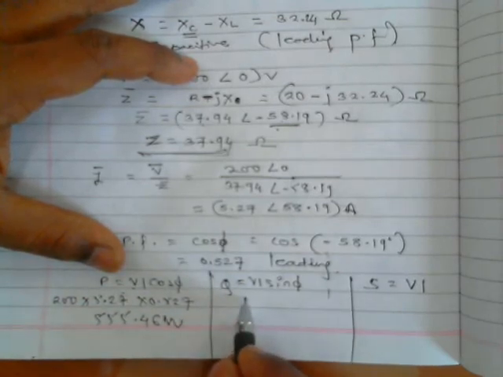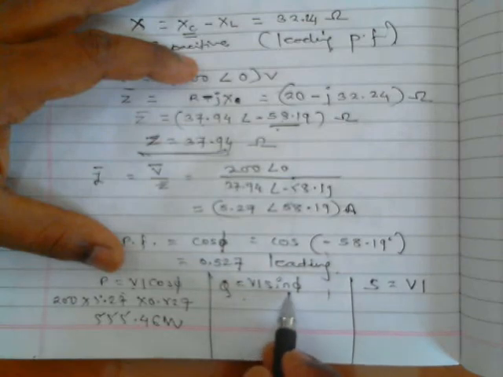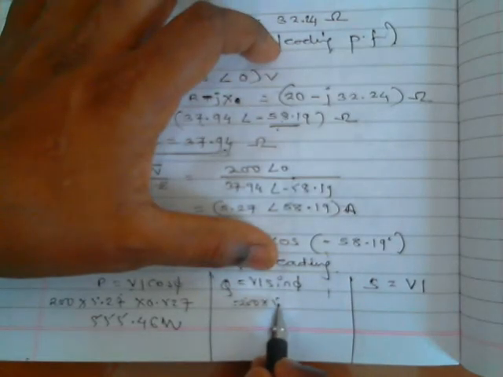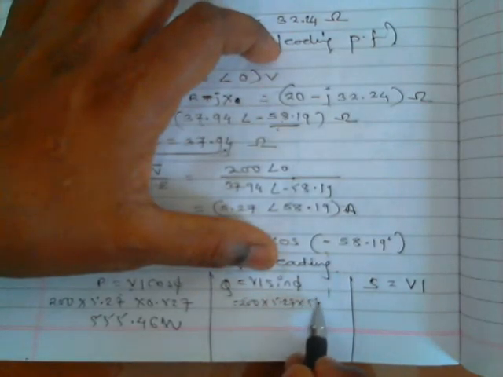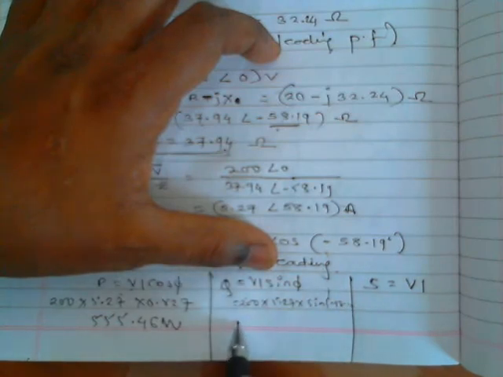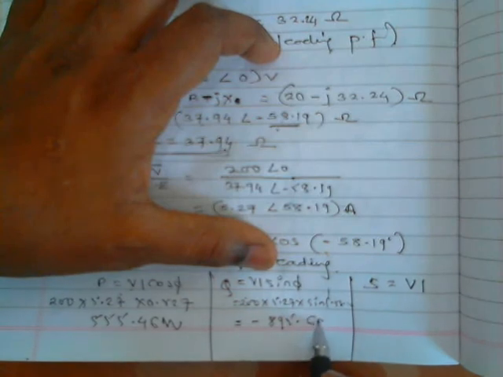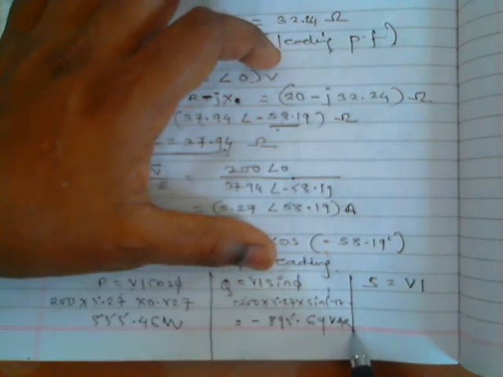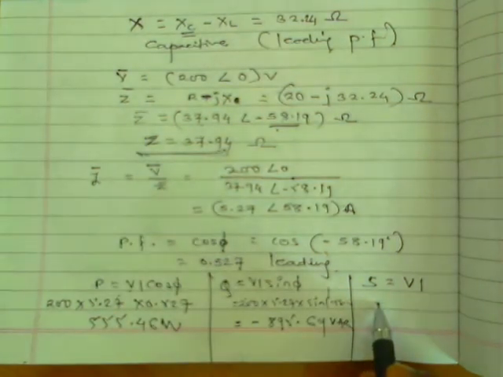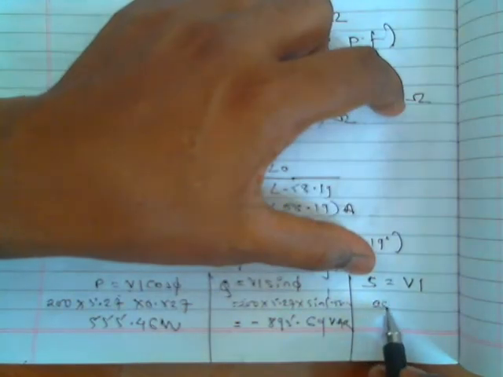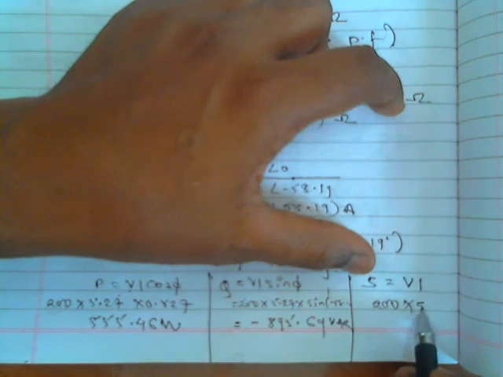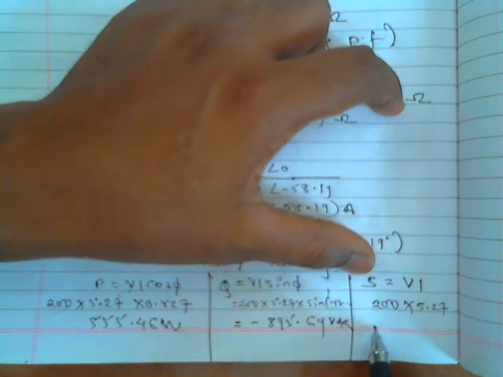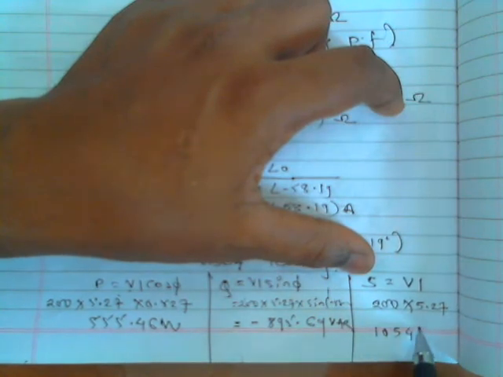Similarly, for reactive power, voltage and current are the same, but instead of cos phi, take sine of phi. So 200 into 5.27 into sine of minus 58.19. It comes as minus 895.69 VAR. And apparent power VI is 200 into 5.27, which is 1054.